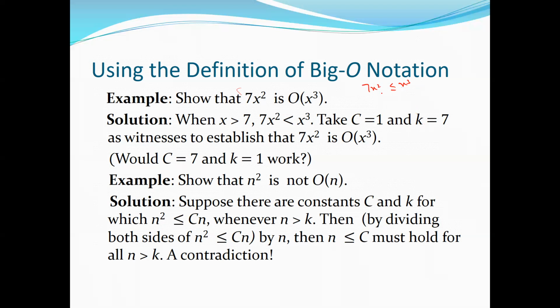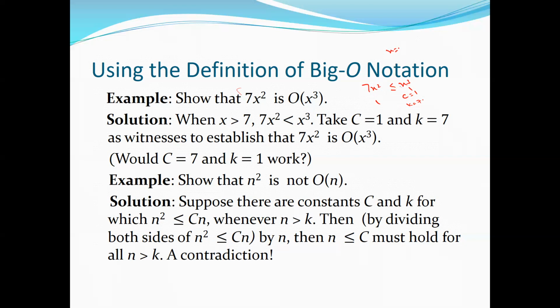This is already proven: this is a greater value than 7x square, but c is 1 here. You do not need to have any other value of c. Even for 1 it's greater, but you need to choose the k value, and that would be 7. For example, if you substitute x equal to 1, 7x square will become 7 while x cube will become 1.